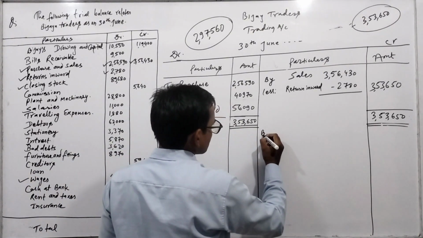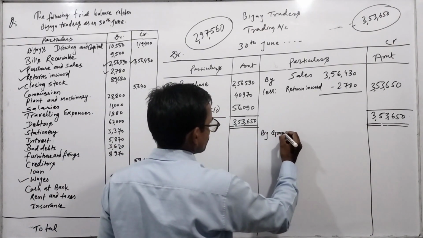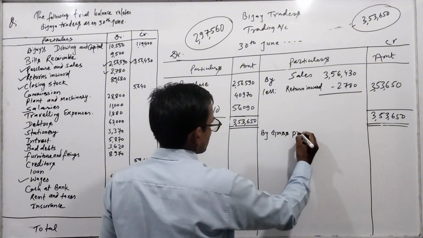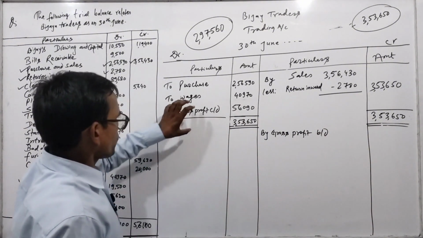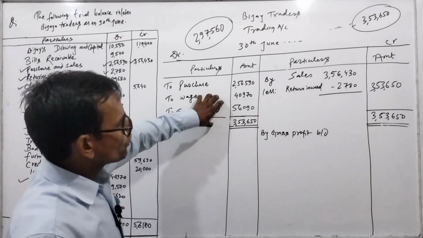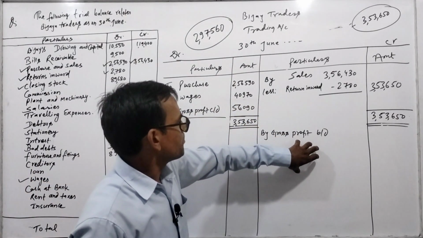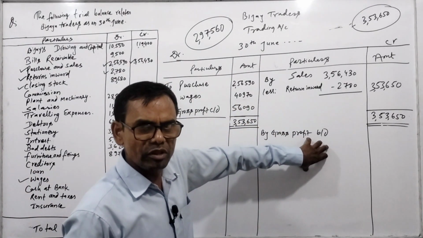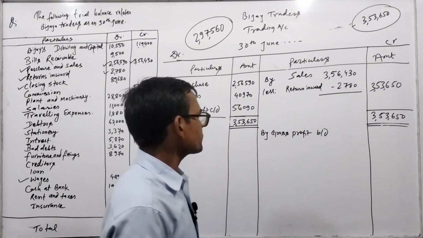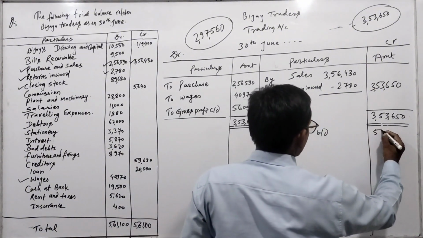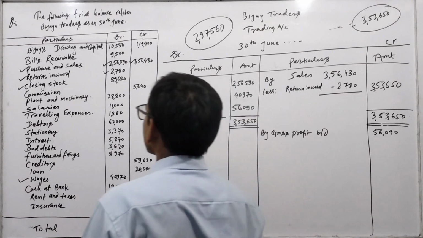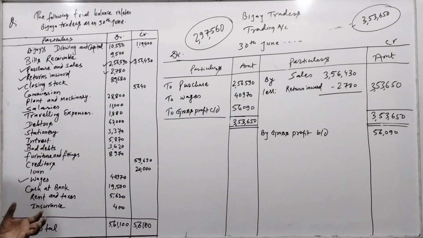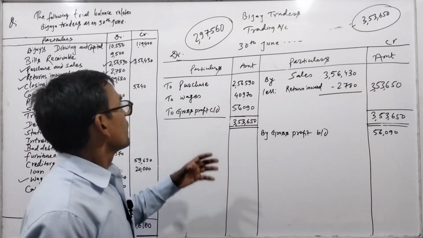You write this here as by gross profit b/d. This gross profit c/d should be recorded here by gross profit b/d, because it is a balancing figure. You write here 56,090.